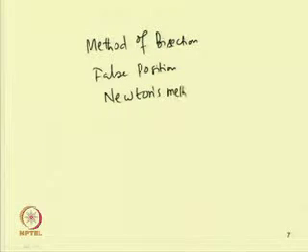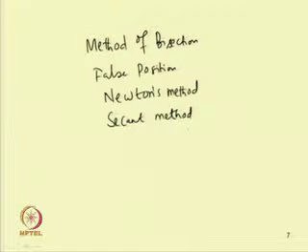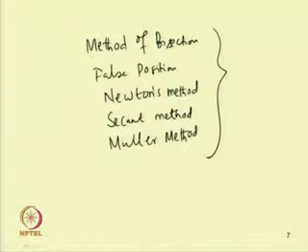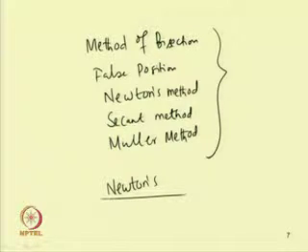Then we studied the second method, and also the Muller method for finding the roots of the characteristic equation. When we have a single root to find, we can use these methods, and when we have multiple roots we may modify Newton's method. For multiple roots one can modify Newton's method to find the roots of the algebraic or transcendental equation.